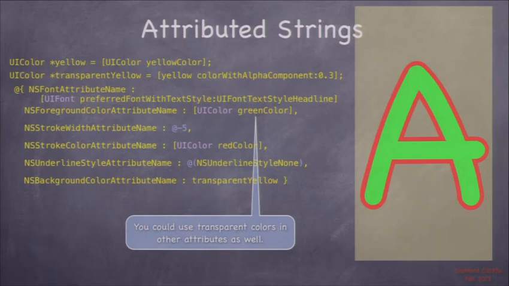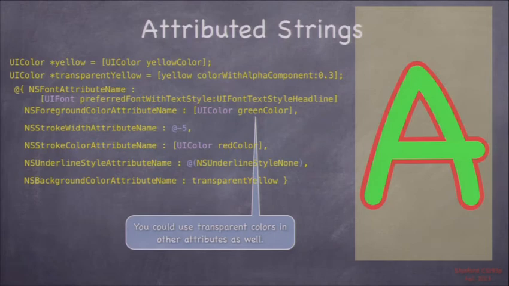You can see the chalkboard showing through there. I don't know if that'll show up in iTunes U, but hopefully you can see through that yellow background. In your homework, you might want to think about using transparent colors somewhere else. Not the background of a character, maybe the fill color or something. Anyway, transparent colors, good.